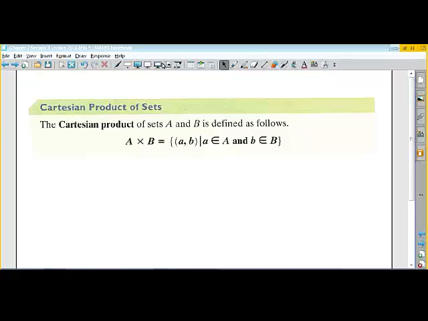The definition of the Cartesian product of 2 sets is A cross B equals the set of the ordered pairs (a, b) such that the element a is an element of set A, and the element b is an element of set B. Basically what you're going to do is make ordered pairs where the first number is from set A and the second number is from set B.